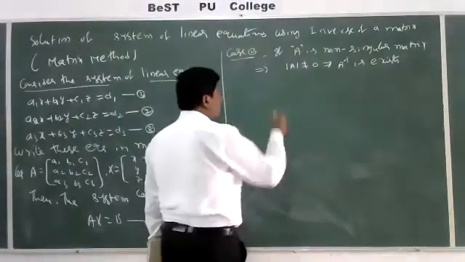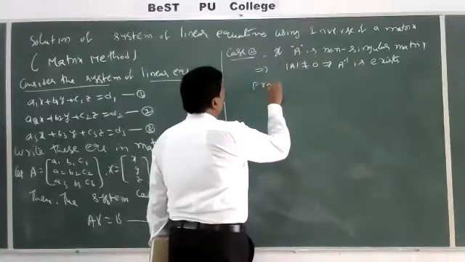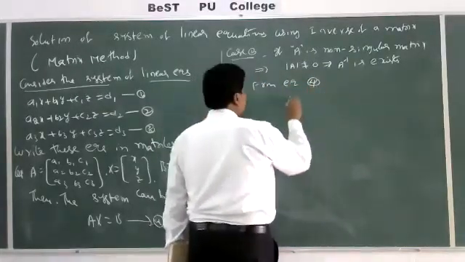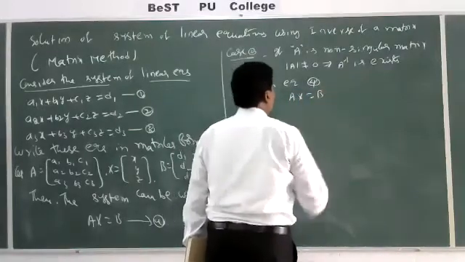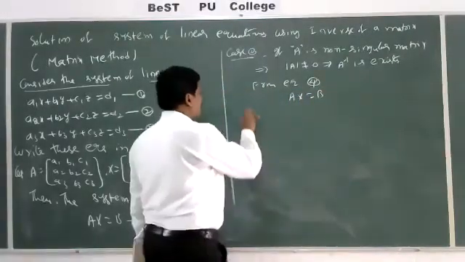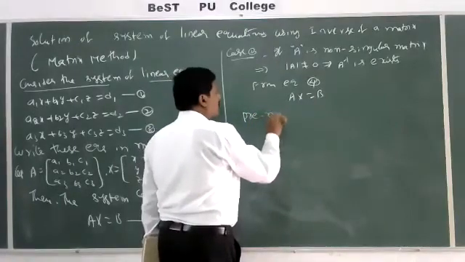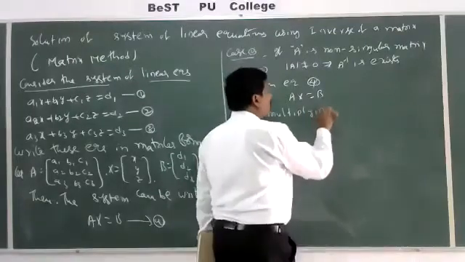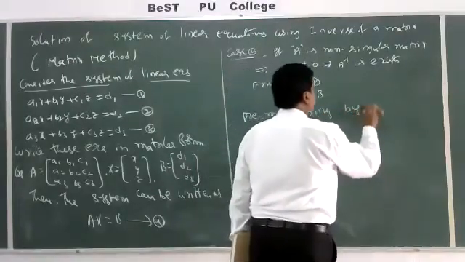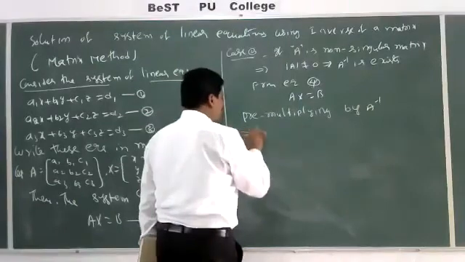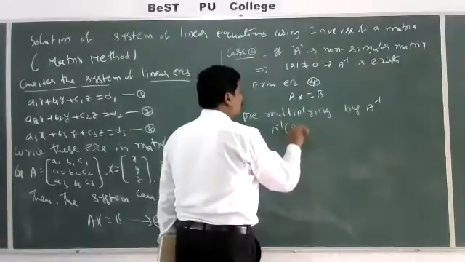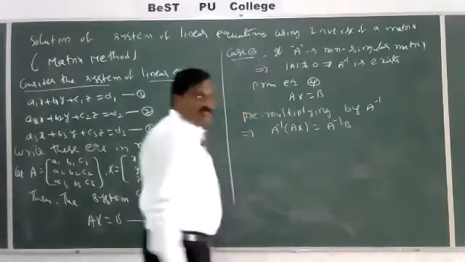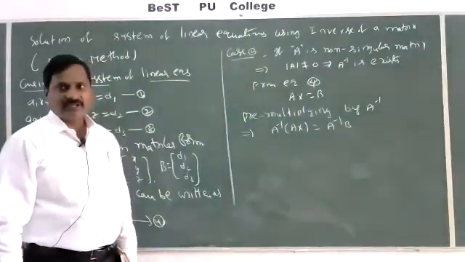Now from equation 4, AX equal to B, pre-multiplying by A inverse: A inverse into AX equal to A inverse into B. Already I explained what is meant by pre-multiplication.